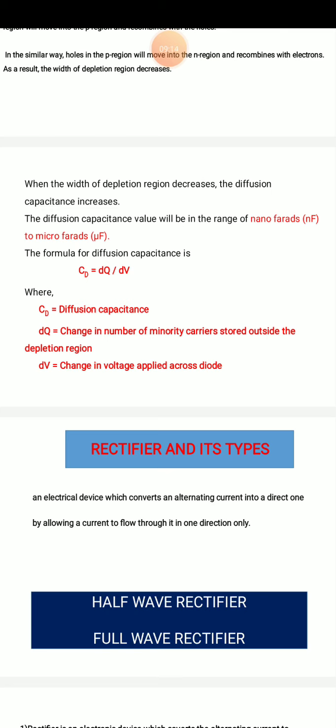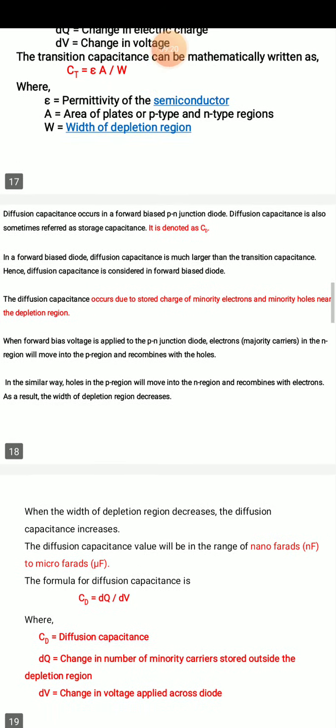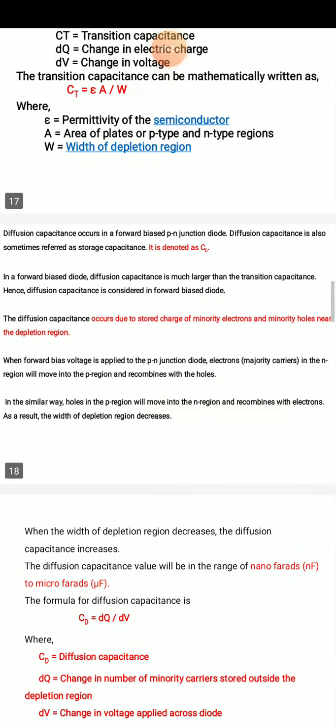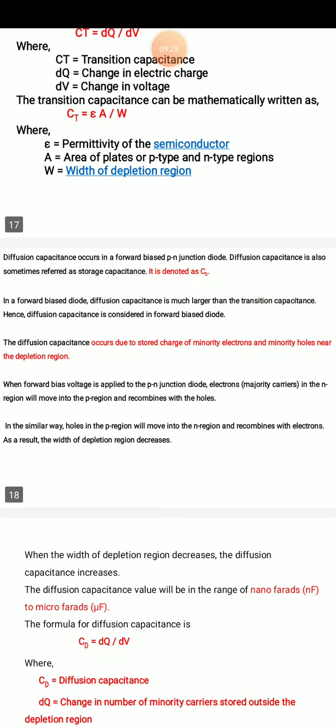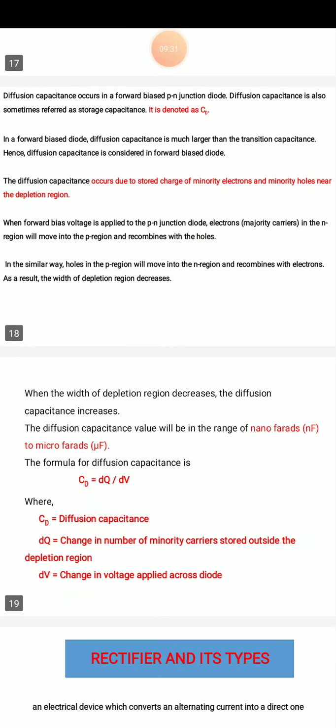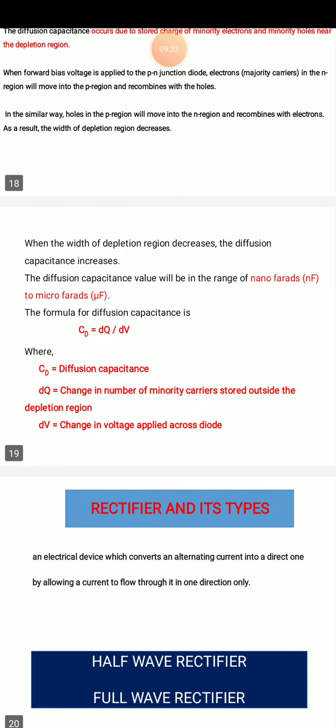The formula to calculate the diffusion capacitance is similar to that of the CT. CT is dQ by dV, and the CD is also dQ by dV. You can make a note of it, but we have another formula for CT, and for this CD we have this formula.